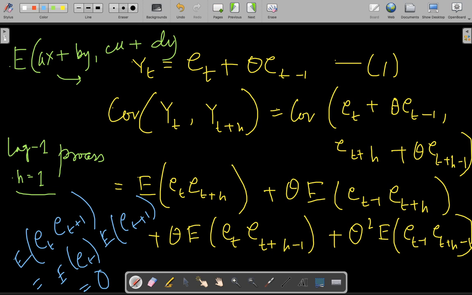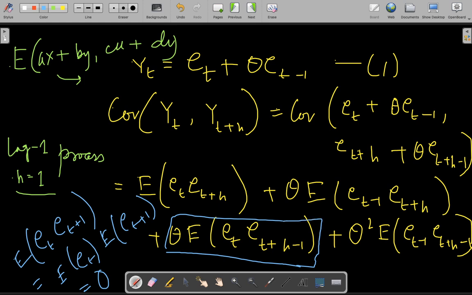So then for the first case, h equal to 1, I have only one term, this particular term where I see that both the terms are basically et.